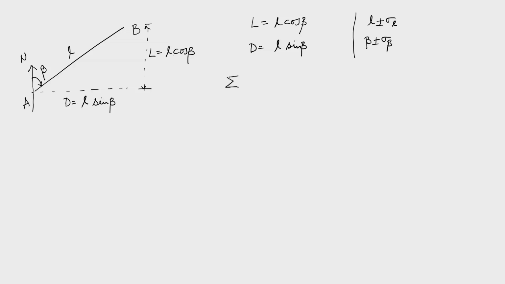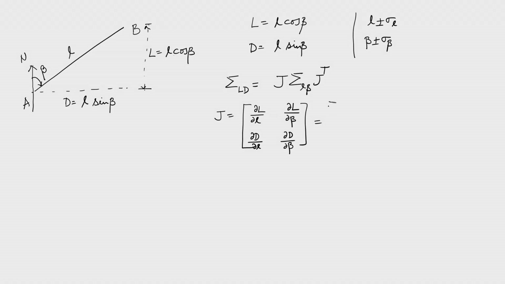Output is sigma LD, and now J Sigma L beta J transpose is my formula. What is the J here? J will be slightly modified now because there are two output variables. So, this is dou L by dou L, dou L by dou beta. Second row will be dou D by dou L and dou D by dou beta here.